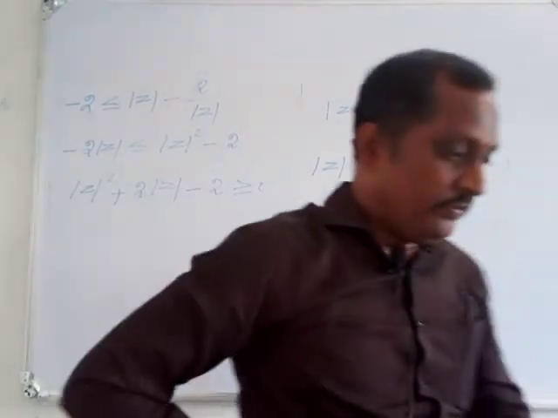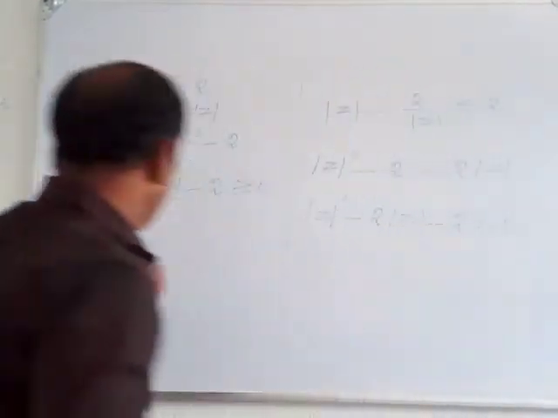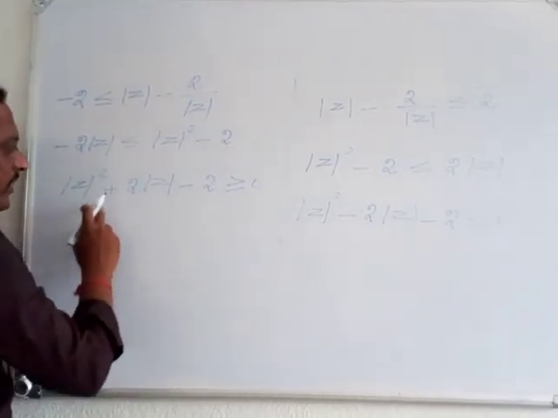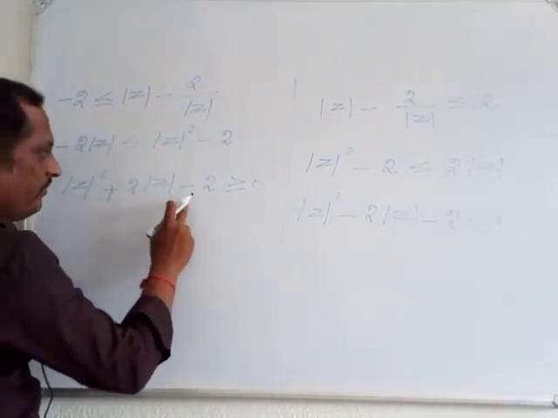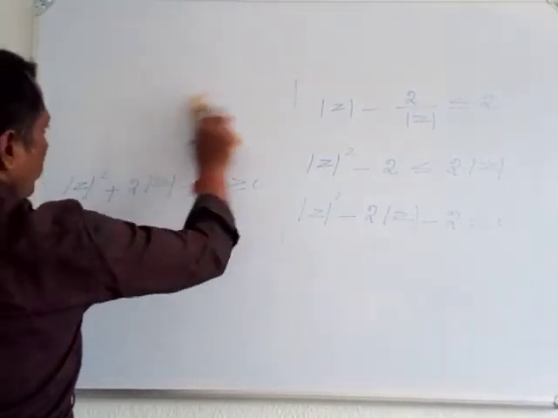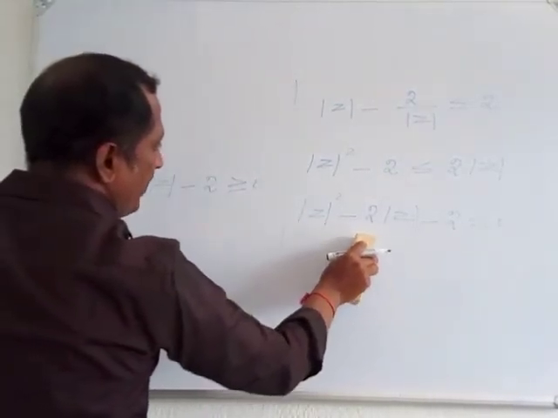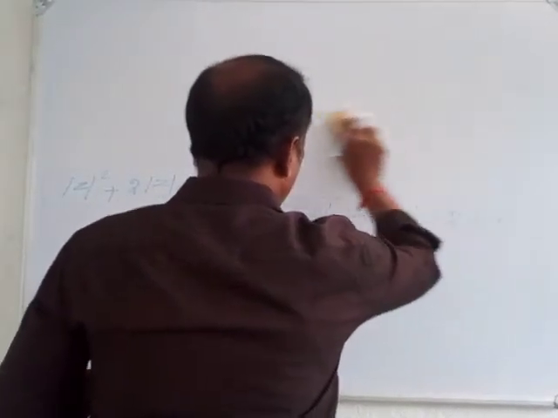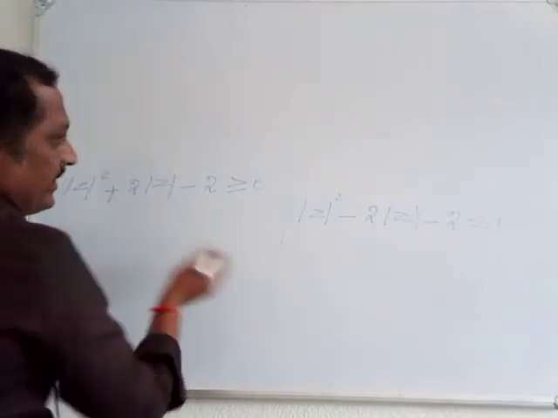From the first one, we have to find the values. Modulus of z squared plus 2 times modulus of z minus 2 is greater than or equal to 0 is what we get. From the second one, modulus of z squared minus 2 times modulus of z minus 2 is less than or equal to 0. I have to choose the first one.